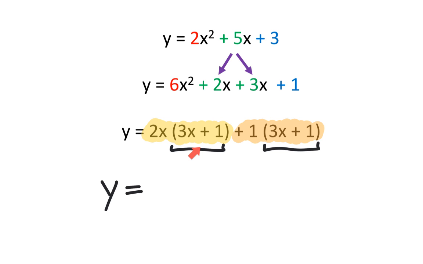The 3x plus 1 in brackets is going to go over here. So I'm going to rewrite it as 3x plus 1. Now, you'll notice that there's a leftover 2x over here and a leftover plus 1. Well, those two terms are going to go together in brackets.